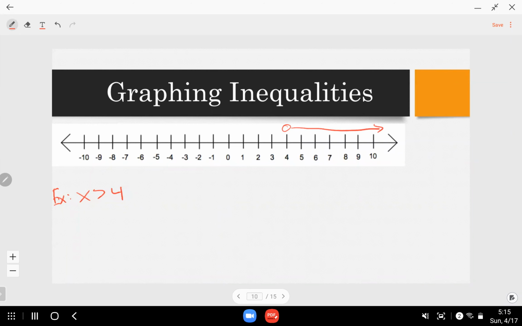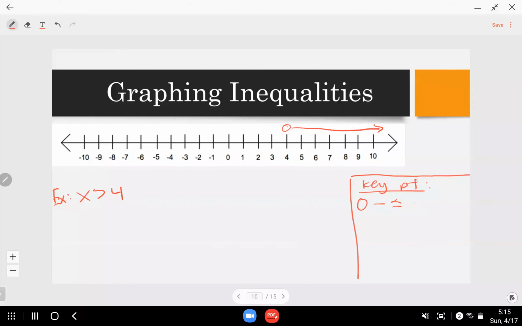Now, what about the circle? Another key point, a subtle point. You need to make sure you know this. An open circle is for less than or greater than.